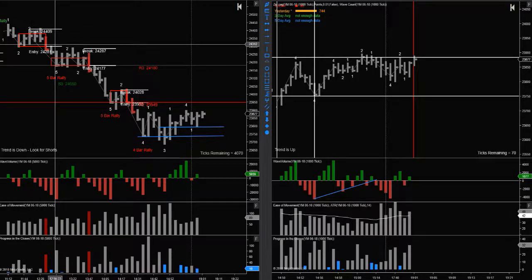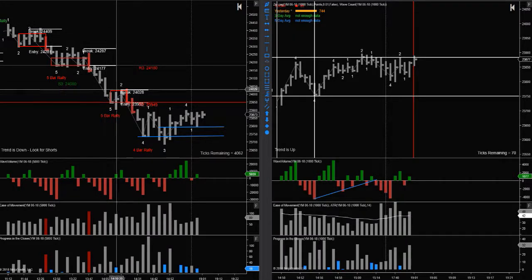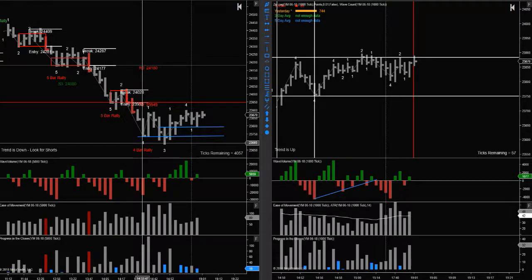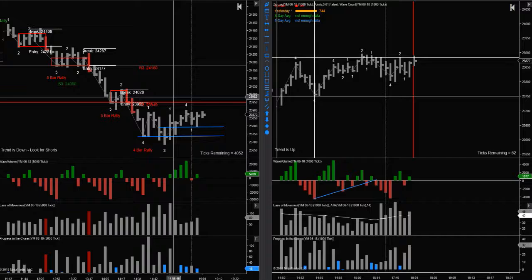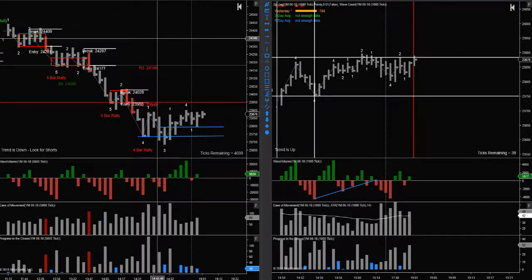It went and redistributed and never tested. It just continued, redistributed, continued, marked down, but never went up back into those ranges. If it goes back into those ranges, what do you think they're going to do? They're going to sell, sell, sell.